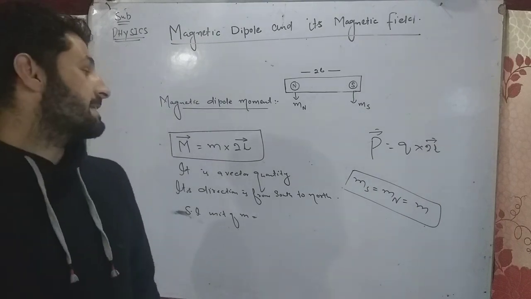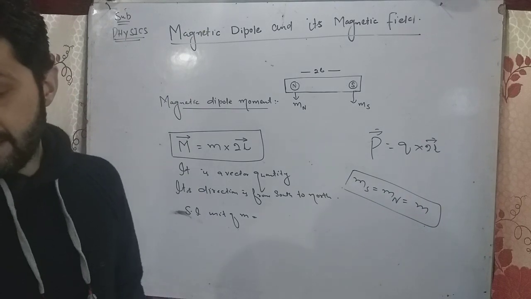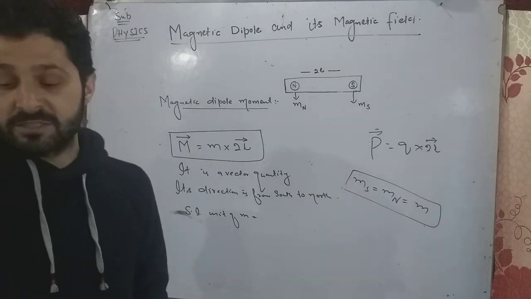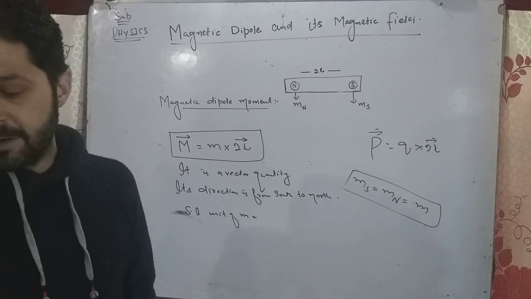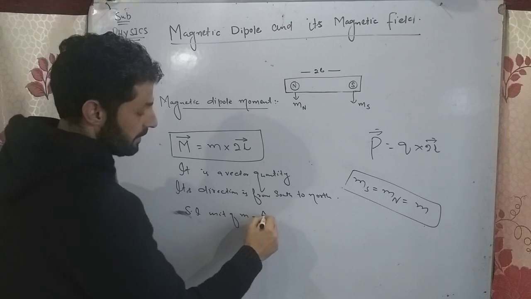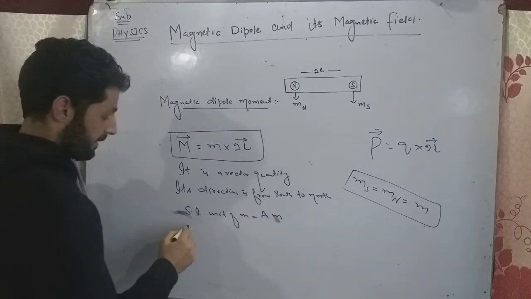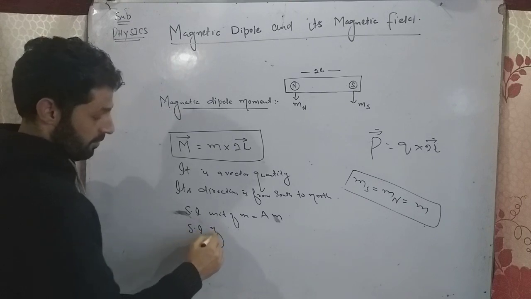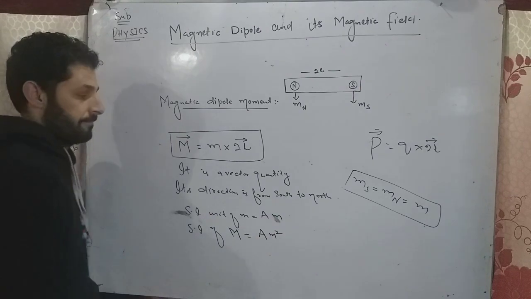So the SI unit of pole strength is ampere meter, and the SI unit of capital M, the dipole moment, is ampere meter square.